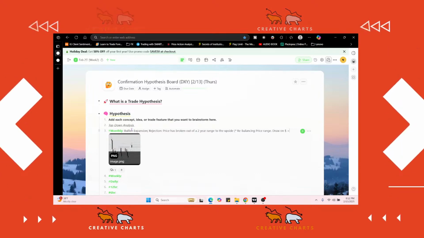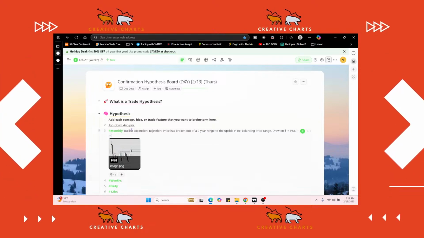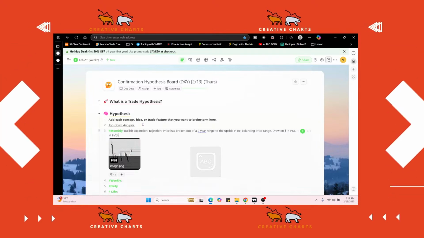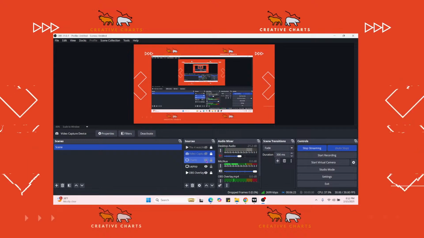Liquidity would be the previous month low plus the monthly inefficiency. So that's all I need to know from the monthly. Let me just jump back into the charts.